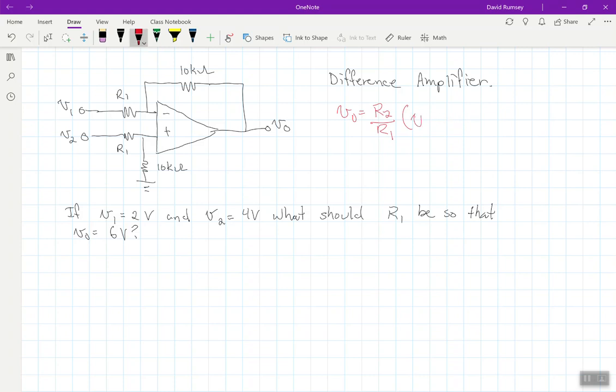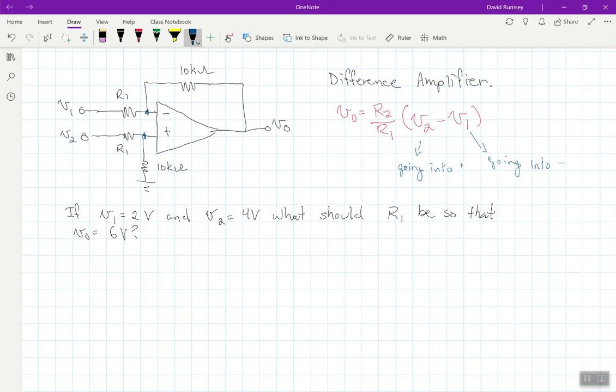I'll still do V2 minus V1, where V2 is going into positive, and V1 is going into negative. And why did I not just do V plus and V negative? Because V plus and V negative are actually these voltages right here, and they're the same, because that's one of our assumptions for ideal op-amps. So V2 and V1 are the voltages going into the op-amp.